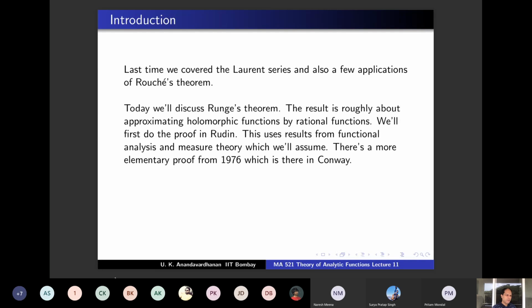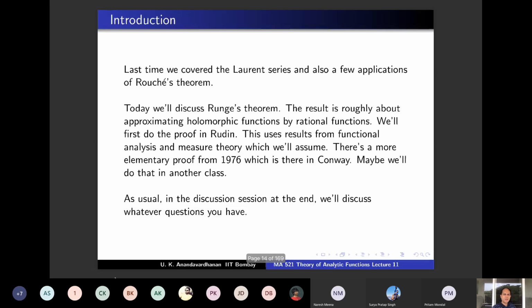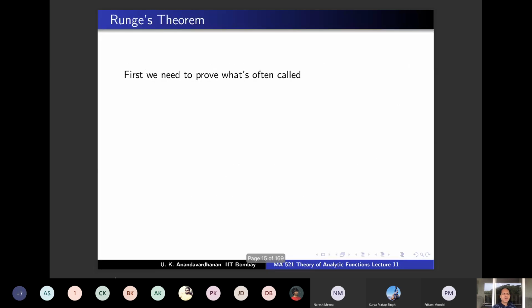The proof is from 1976, and I think the mathematician's name is Sandy Grabiner. I might do it because that's more elementary, but later, in another class. As usual, the discussion session is at the end where we can discuss.